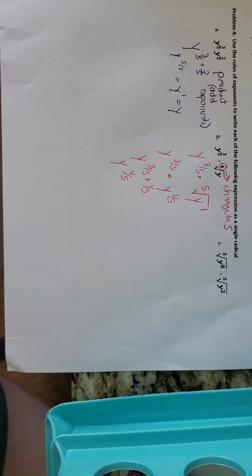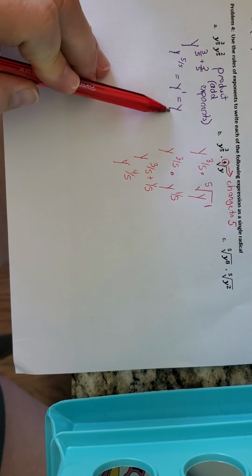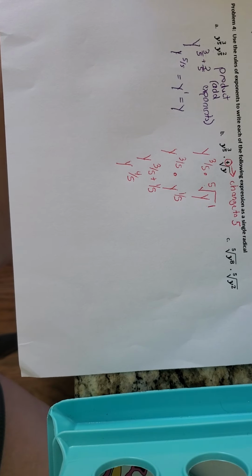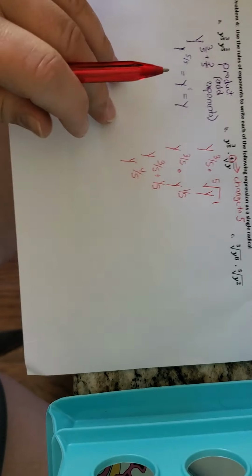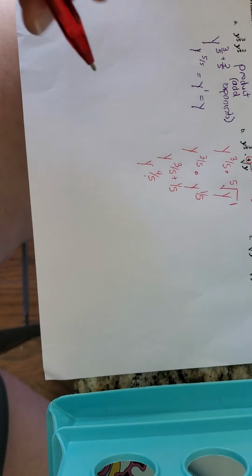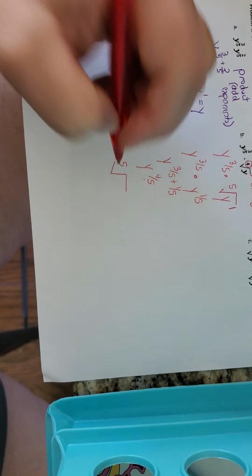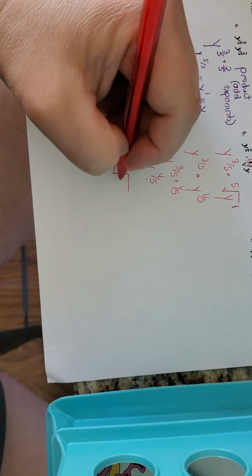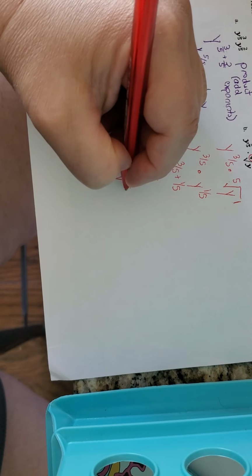And it wants us to write it as a radical. We didn't put it in radical form before because there was no reason for us to do so. You can't have one root of something, so that's why you leave it as it is. But this one, if we change to a single radical, this 5 is the root. The denominator goes on the outside, and the exponent on the top, the numerator, goes with the y.